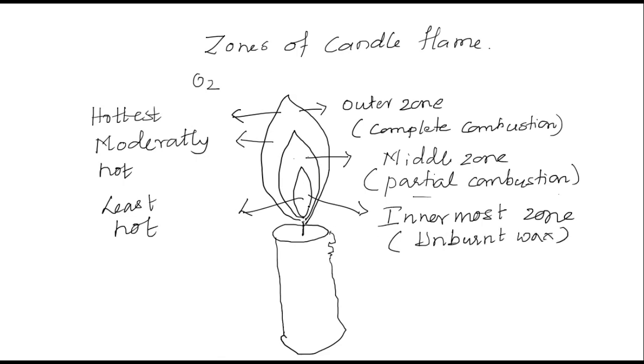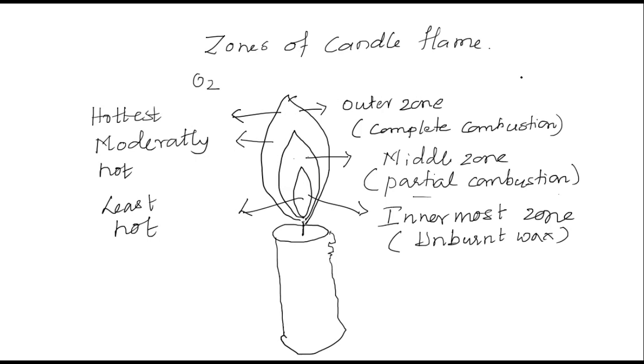Because of less oxygen supply here, being the innermost zone. So generally it appears black in color, whereas the outer part is bluish. Bluish is an indicator of the hottest zone. There will be more temperature.